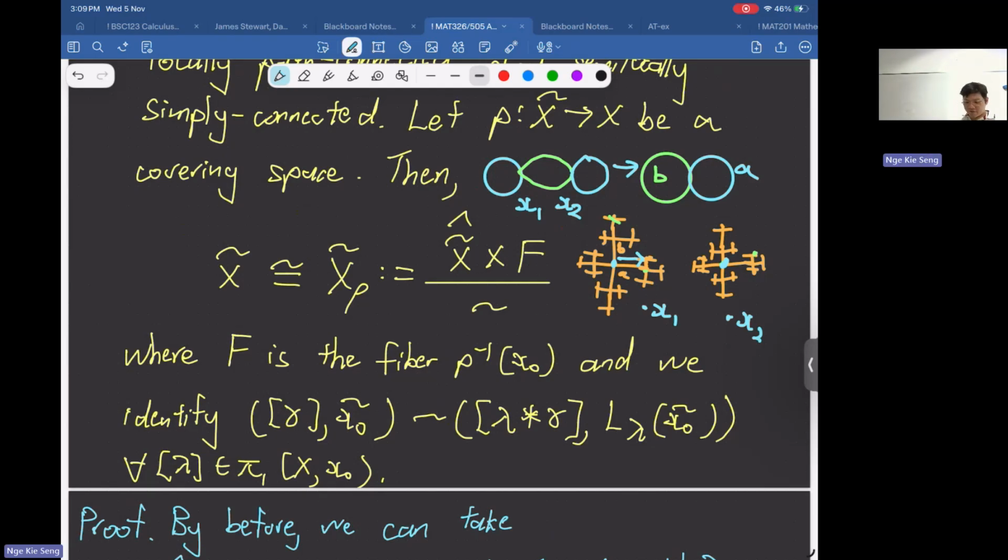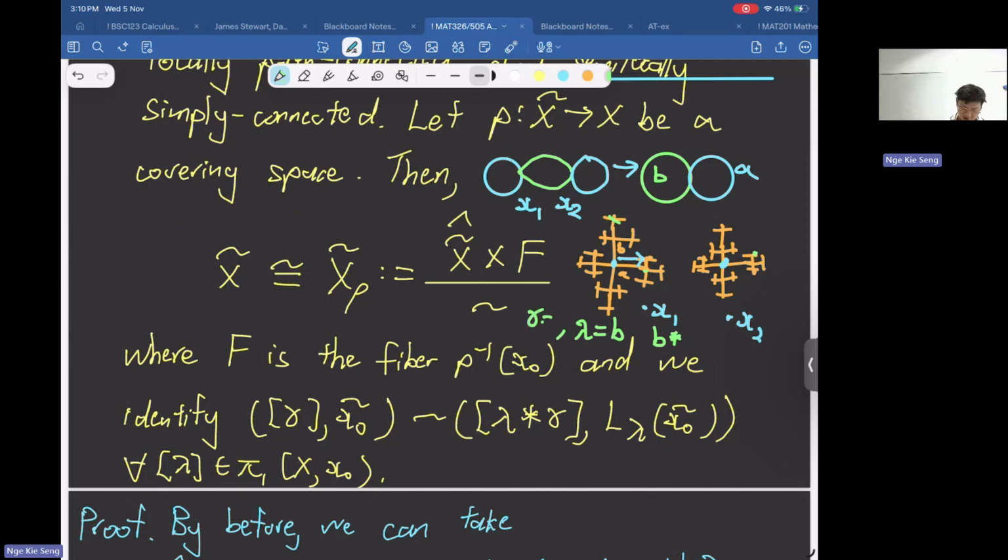What is this identification doing? Let's say we take lambda to be b. What have we done? What is B composed with this gamma?